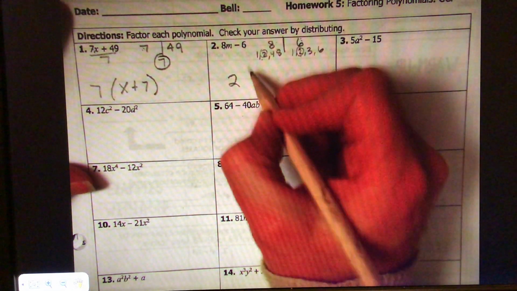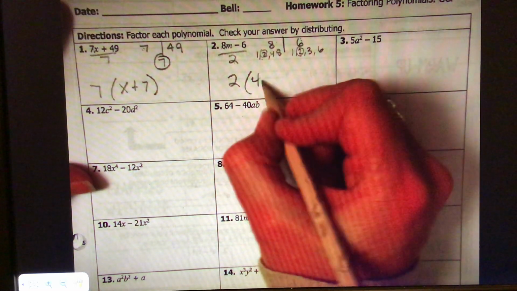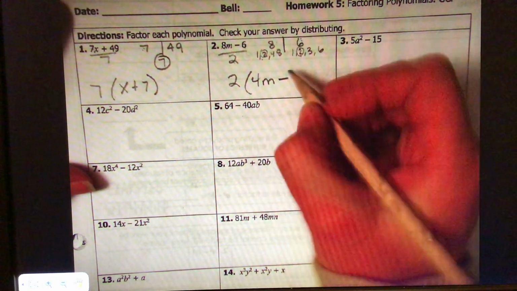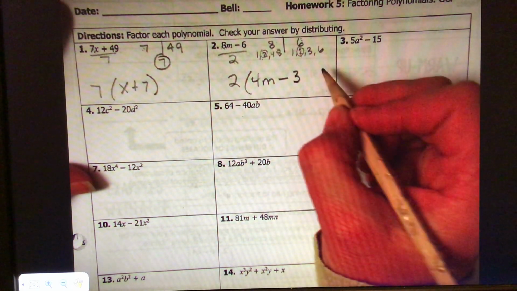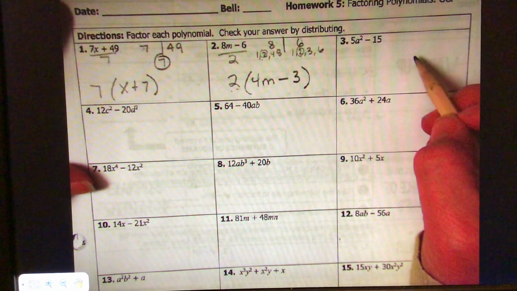So 2 goes outside, stick it all over 2. And then I have 8m over 2 is 4m, and then I have 6 divided by 2, but it's negative, so negative 3. Again, I can check by distributing.